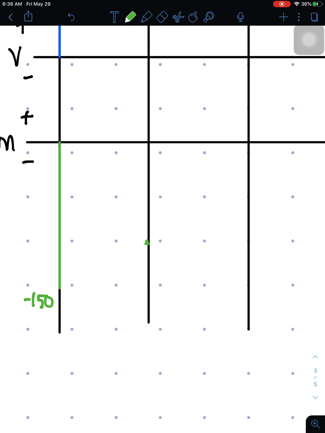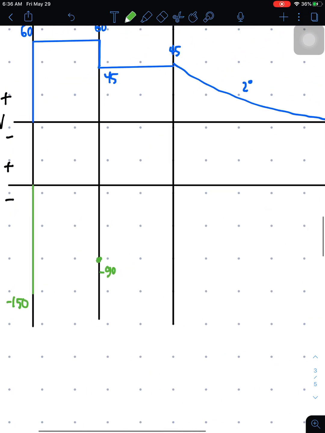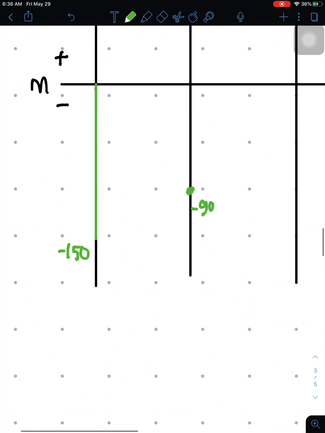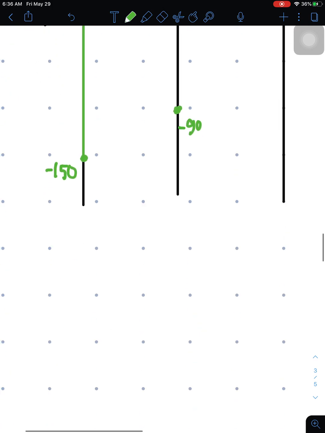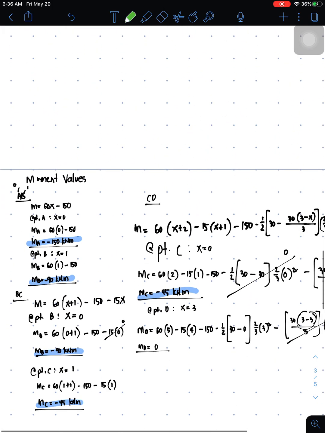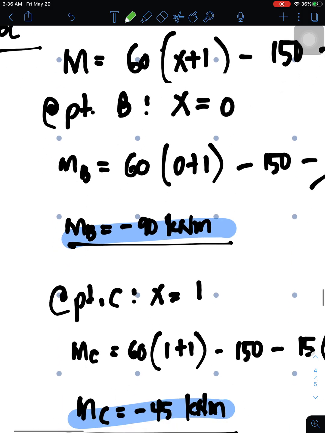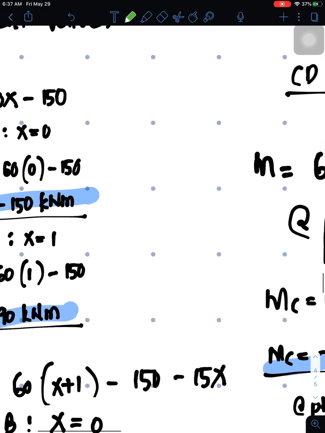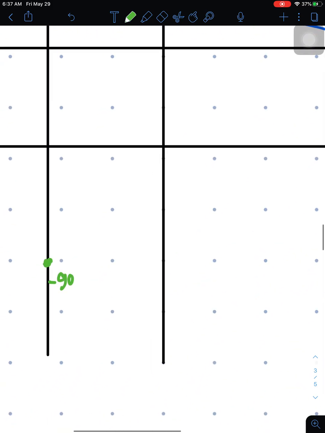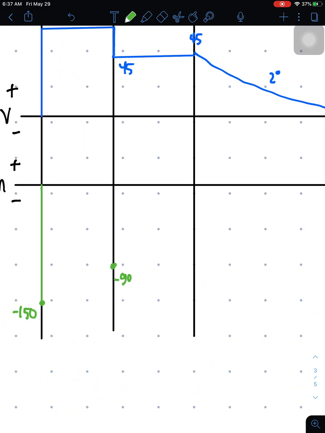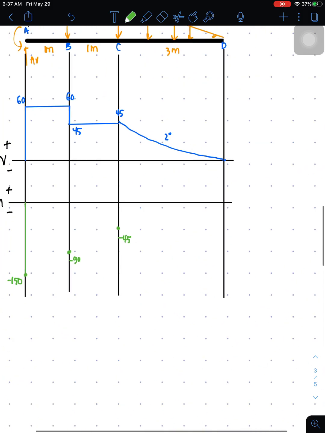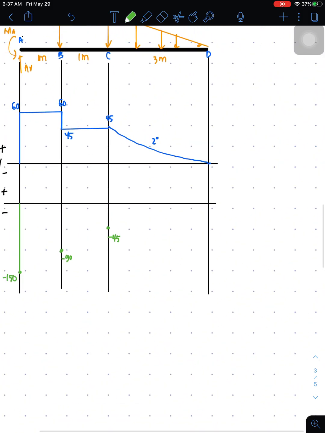So here it's negative 90. So ako na siyang emphasize, this is 150. And then another B is negative 90. So the same will happen. Then at C is negative 45. So at C, this is negative 45. And then at D, it's 0.